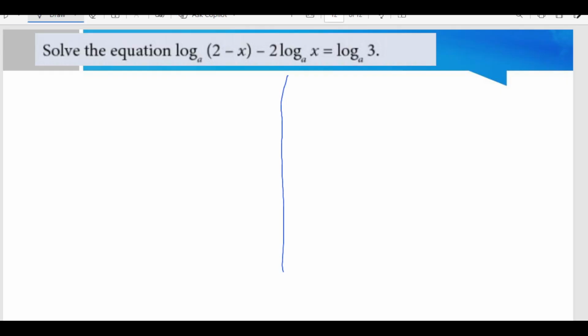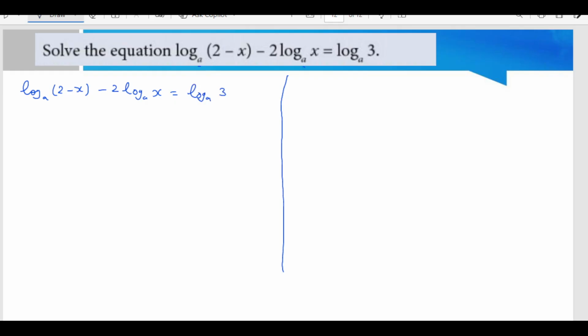First of all, I will take this. As you can see, we have base a everywhere, right? So we can write it as log base a of (2 minus x), minus 2 log base a of x, equals log base a of 3. So this remains as it is.